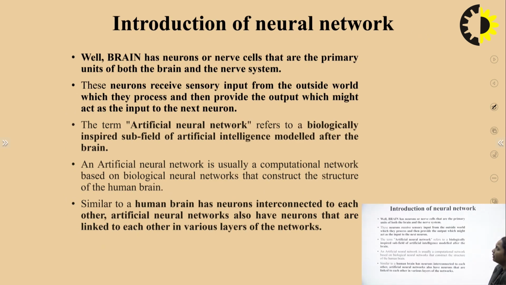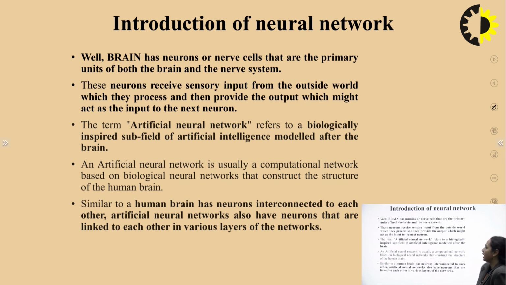In a similar way, we can train our machine like our brain. The brain has neurons, or nerve system cells, that are the primary unit for both the brain and nervous system. In biological terms, we relate to the term neuron, but when we are dealing with machines, the term becomes artificial neural network, which is similar to the biological one.